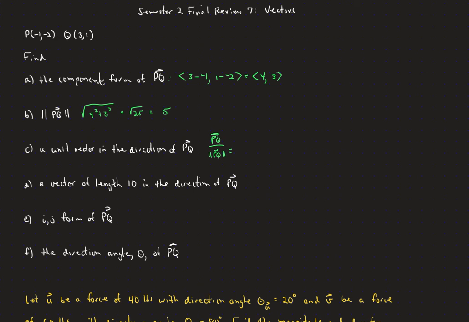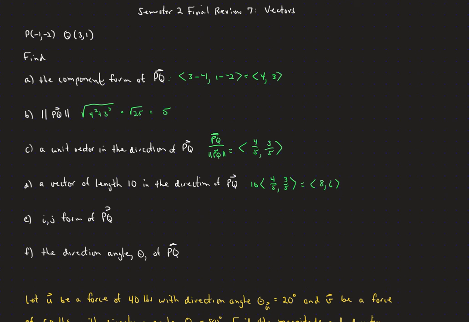That'll give us a vector of length 1 in the direction of PQ. So dividing by the magnitude of 5, we'll get <4/5, 3/5>. To then create a vector of length 10, we'll multiply our unit vector, our vector of length 1, by 10, and that will give us <8, 6>.